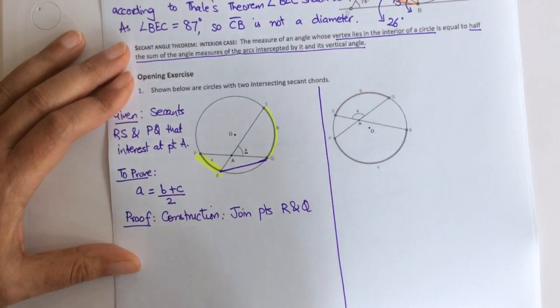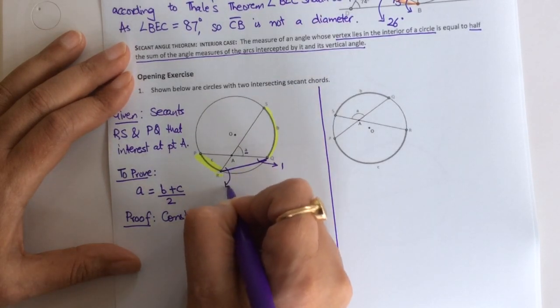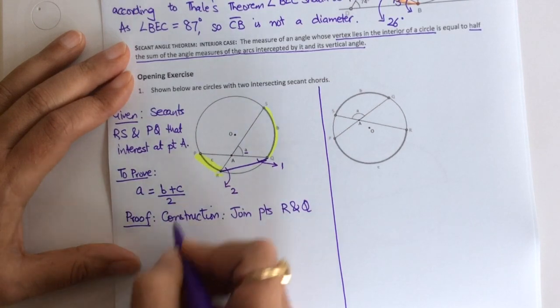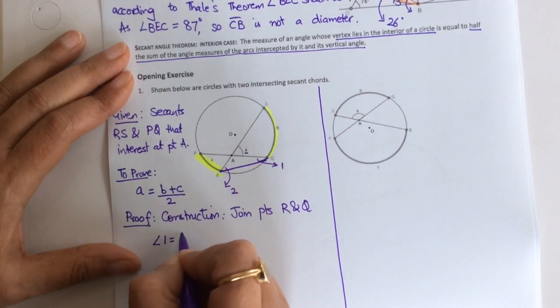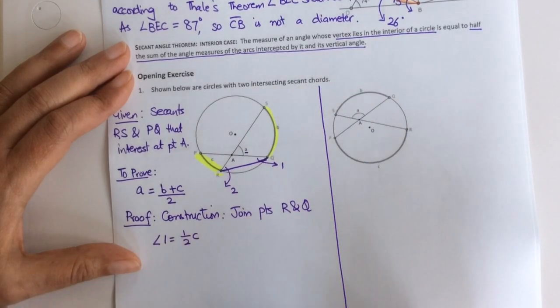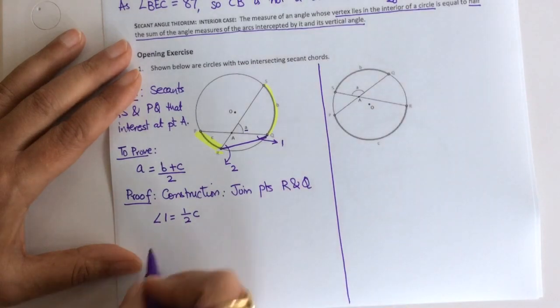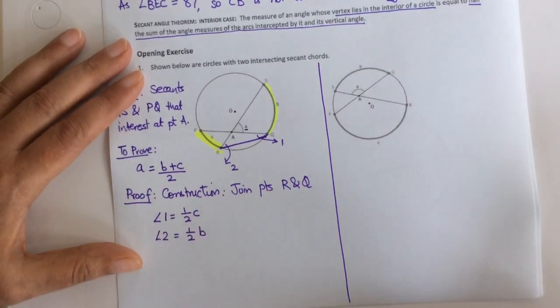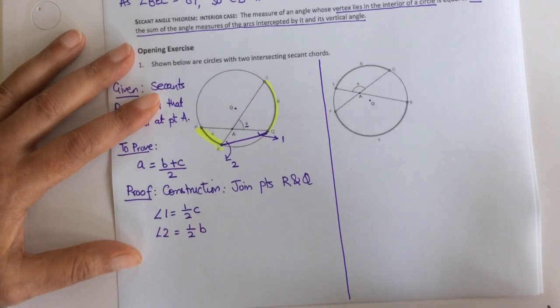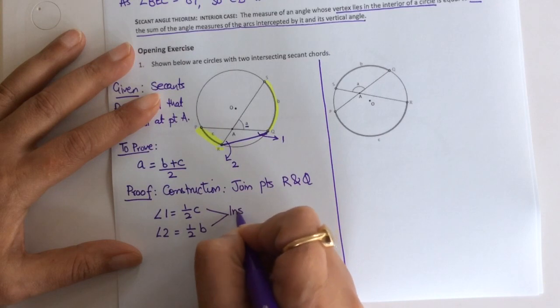I am going to call this angle 1 and this is my angle 2. So you see, angle 1 is going to be 1/2 of C. Can you tell me why that is? And similarly, angle 2 is going to be 1/2 of B. And the reason for both these statements is that these are coming from the inscribed angle theorem.